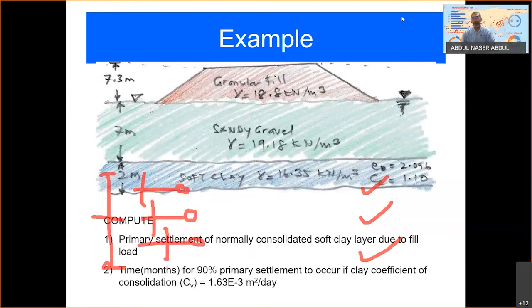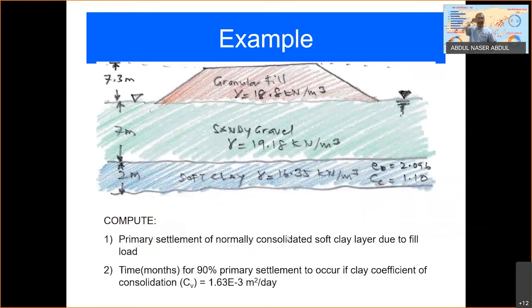So this is an example. In this example, we want to calculate the primary settlement of normally consolidated clay due to fill load. The fill load is this one here, granular fill. Later on you can go through this example on your own.